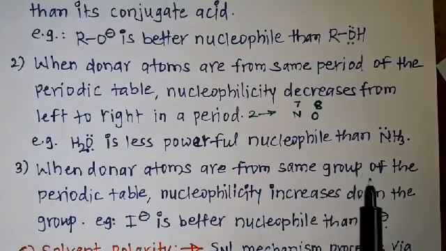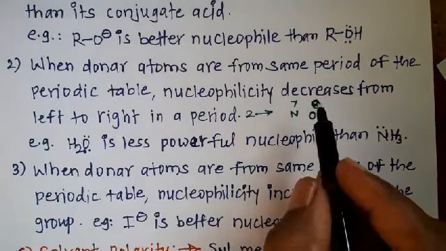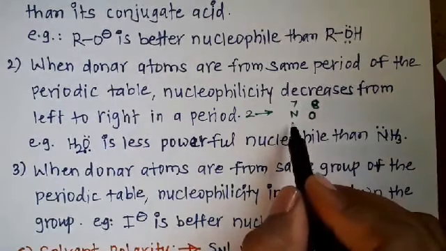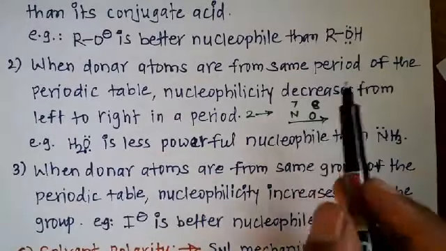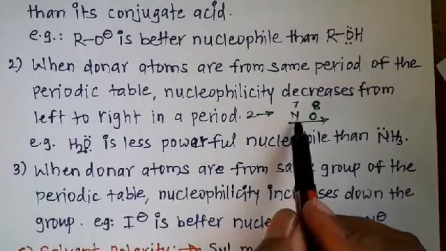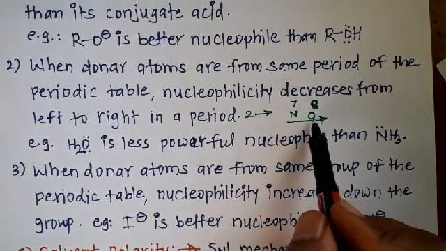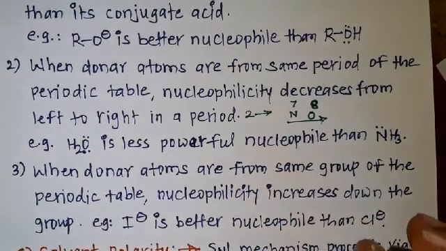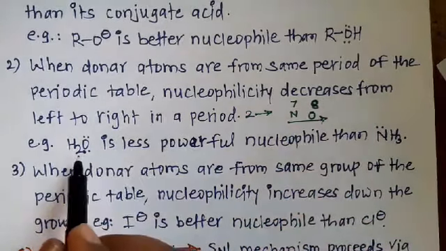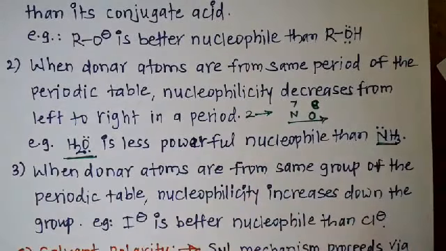And we know that if the donor atoms belong to the same period of the periodic table, then nucleophilicity decreases from left to right. Means any compound in which nitrogen carries a lone pair is a more powerful nucleophile as compared to any compound which carries oxygen. And here is the example: water is a less powerful nucleophile than ammonia.